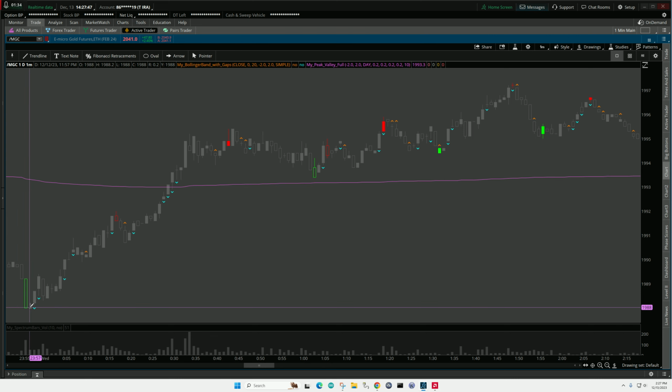So this is a gap here. Now this gap right here is intersected. It's filled by this wick, but I don't care about a one wick fill or a tail fill. It's then filled by this body, so I wouldn't draw a line here because it's null and void. It's already been retraced.